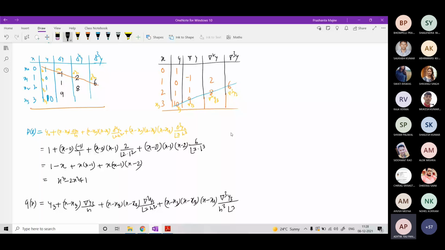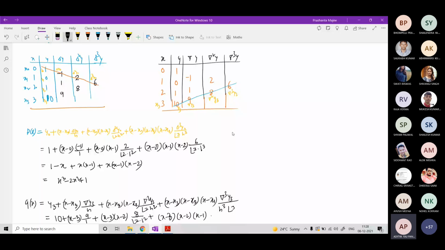Y3 is 10, plus (x minus x3), x3 is 3, so (x minus 3) into nabla y3, nabla y3 is 9, 9 by 1, plus (x minus 3)(x minus 2) into nabla square y3 which is 8, 8 by factorial 2, 1 square, plus (x minus 3)(x minus 2)(x minus 1), nabla cube is 6, 6 by 1 cube factorial 3.